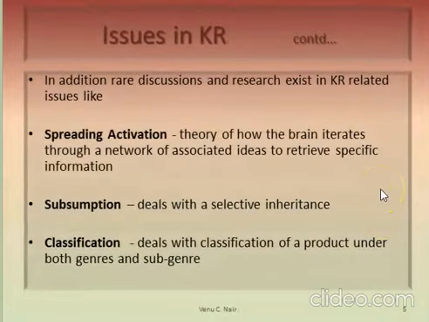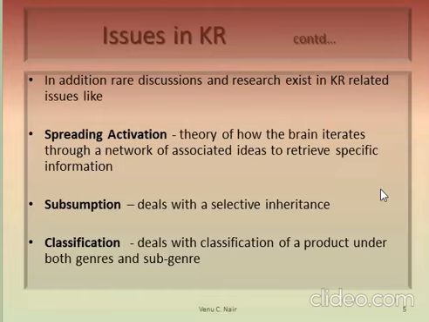In addition to the problems discussed earlier, there are researches on two or three topics, which are spreading activation, which means theory of how the brain iterates through a network of associated ideas to retrieve specific information. In our brain, every object will be tied or linked to another object, and they will be related, and with these relations we will be retrieving specific information.